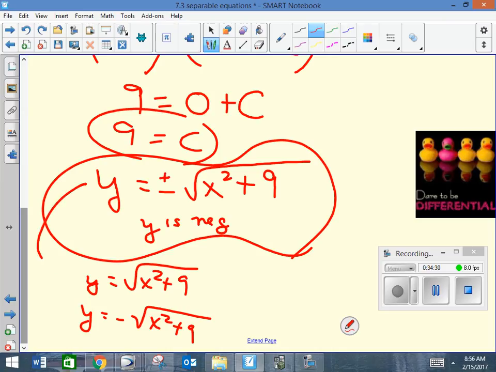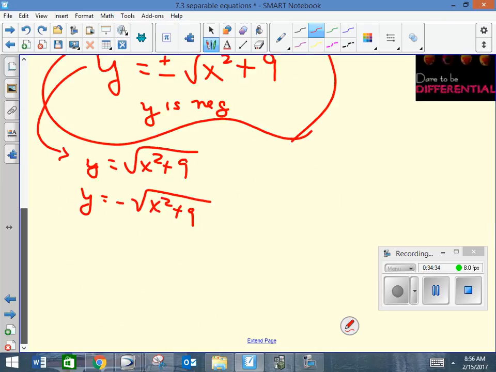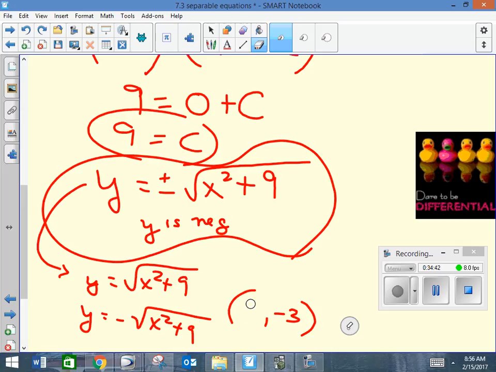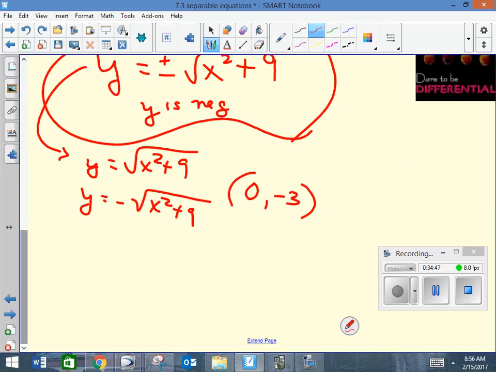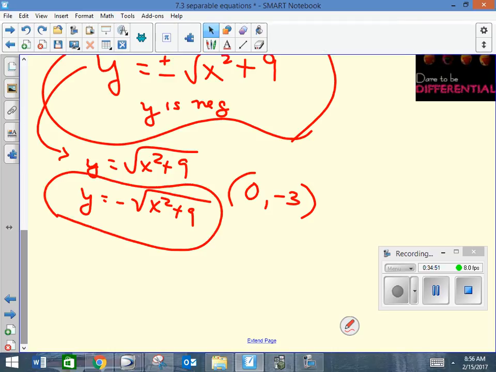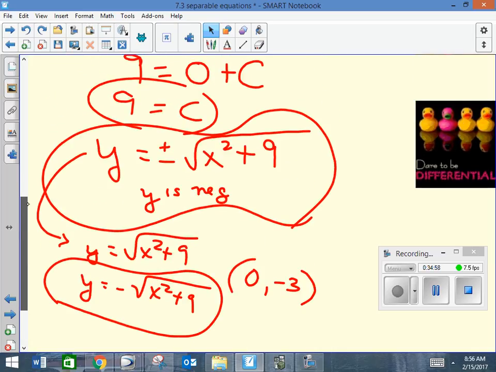Those are your two general solutions. Remember, a general solution is a family of solutions. In order to plug in and get 0, -3 out of our equation, really ugly, we're going to have to pick the negative because the y is negative. So that's why we had to pick that one. That's the trick that I was alluding to. That makes sense?